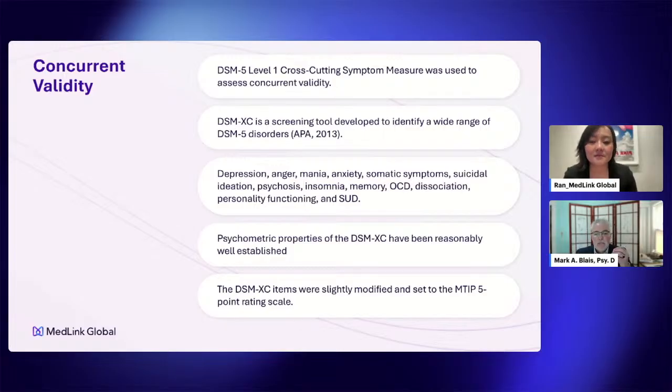Disorders like depression, anger, mania, anxiety, somatic symptoms, suicidality, psychosis, insomnia, memory impairment, OCD, dissociation, personality function, and they lump together all of the drug, alcohol, and other substance use disorders. The psychometric properties of the cross-cutting measure are reasonably well established. We did modify the items a little bit. We set them to the same 5-point rating scale that we use in the MTIP.